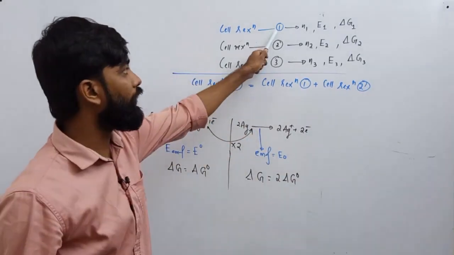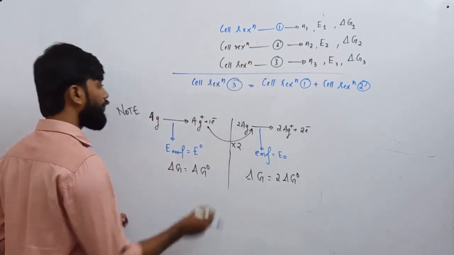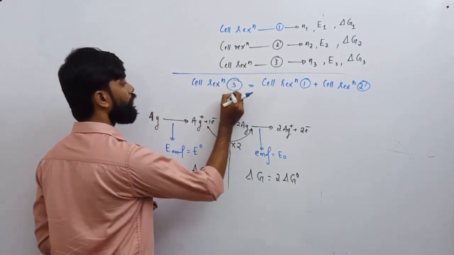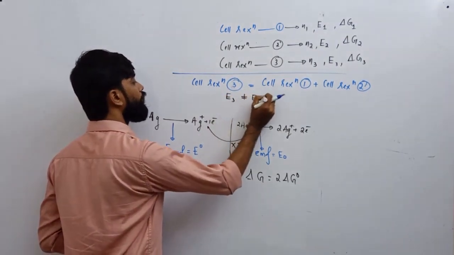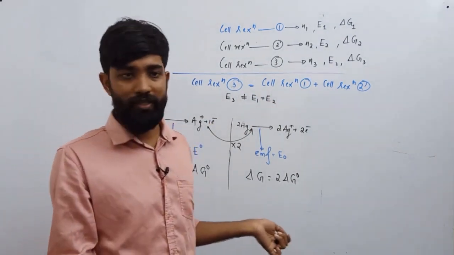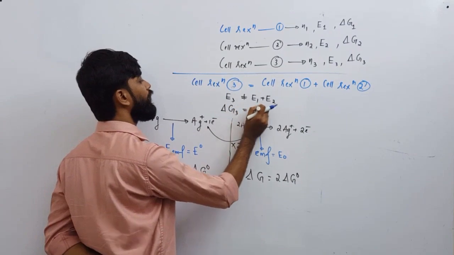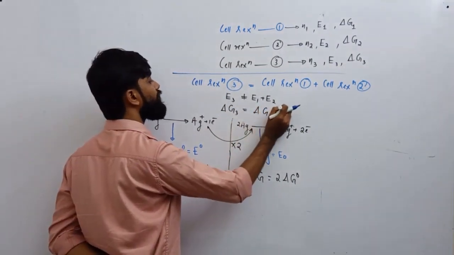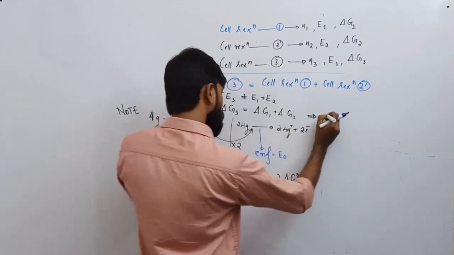If cell reaction number 1 and cell reaction number 2 are added to form cell reaction number 3, then E3 will not be equal to E1 plus E2, but delta G3 should be equal to delta G1 plus delta G2.